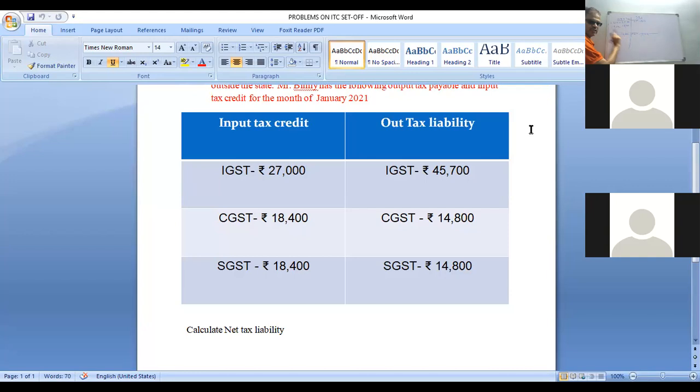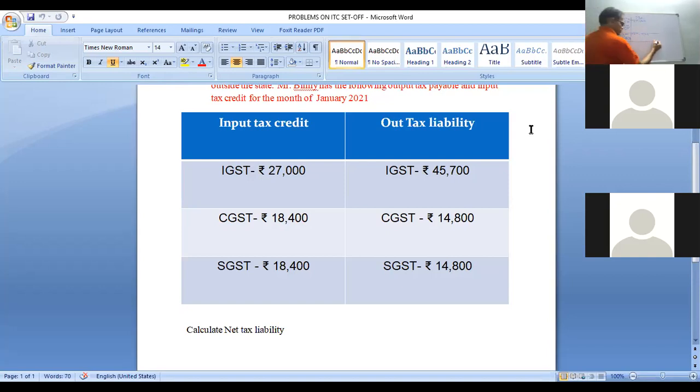Input tax is more than the output tax. So you are having a balance of 3,600, a positive value, input tax minus output tax. The 18,700 is the due you have to pay.